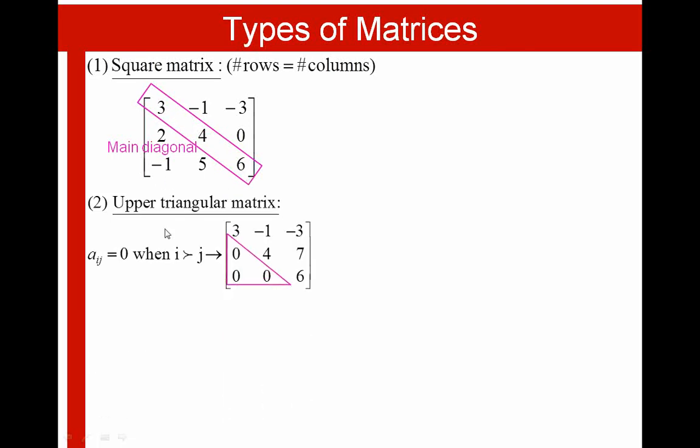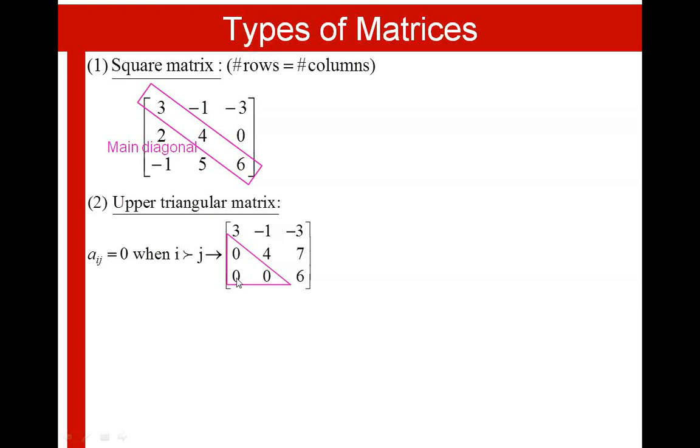The second type is an upper triangular matrix. An upper triangular matrix has elements different than 0 on the top right-hand side, and zeros on the bottom left-hand side. And how do we determine that? The element Aij is equal to 0 every time i is greater than j. Here the element is A21, 2 is greater than 1, therefore it must be 0.